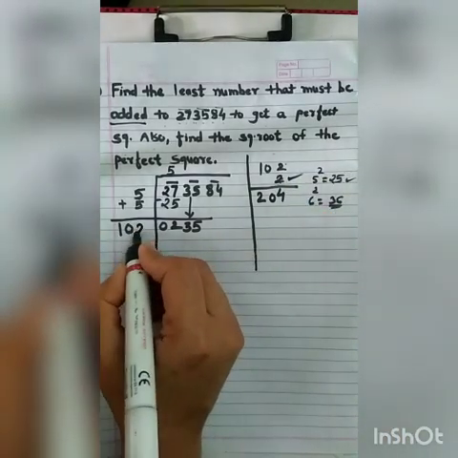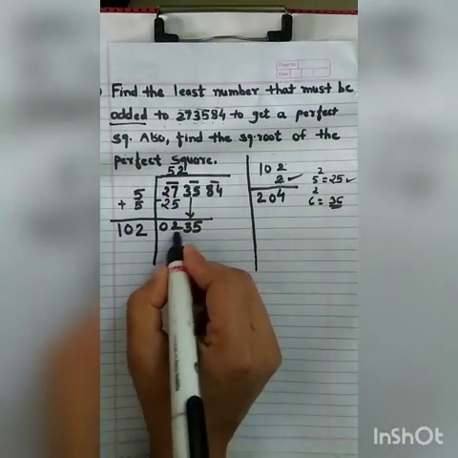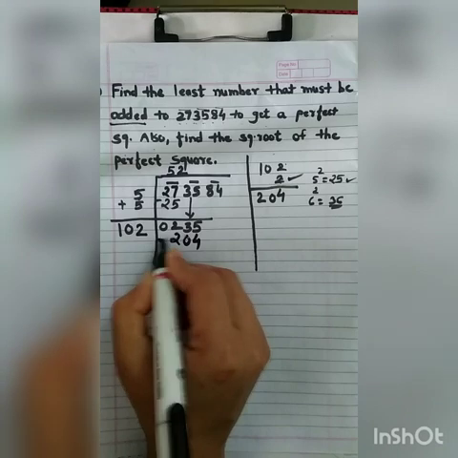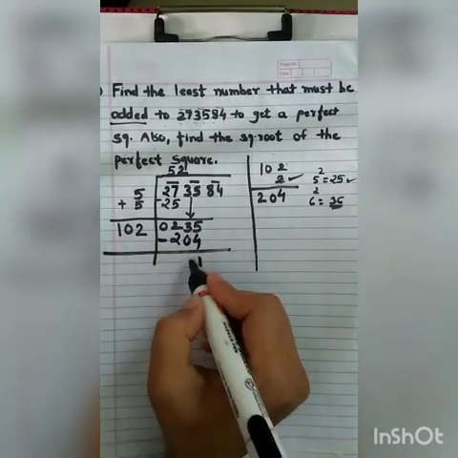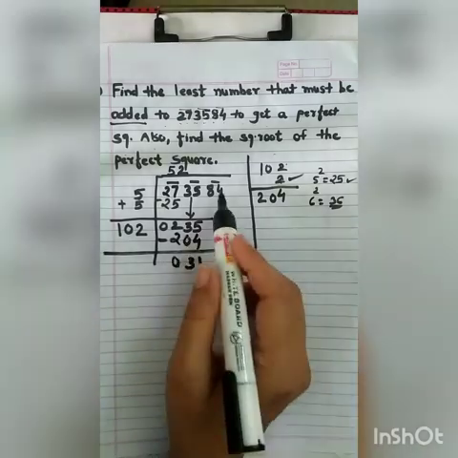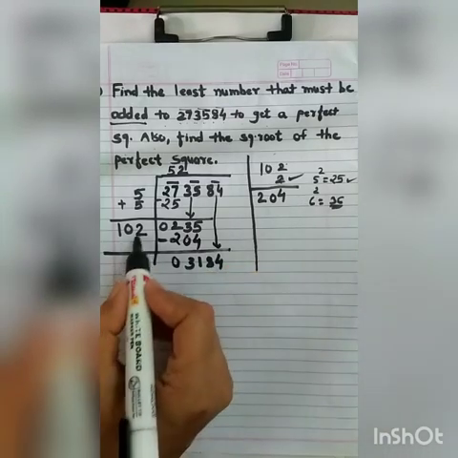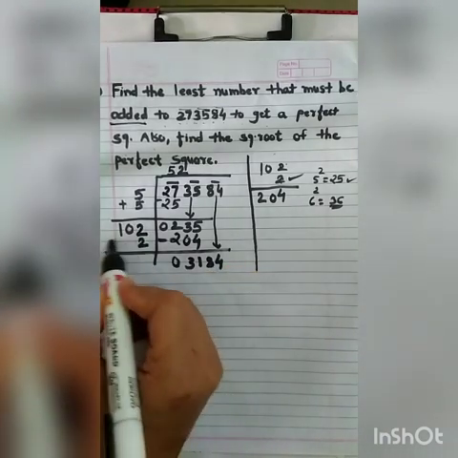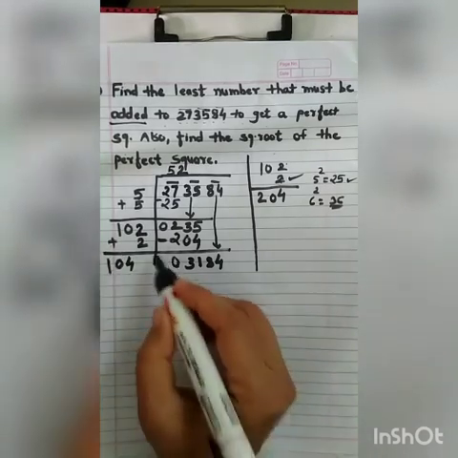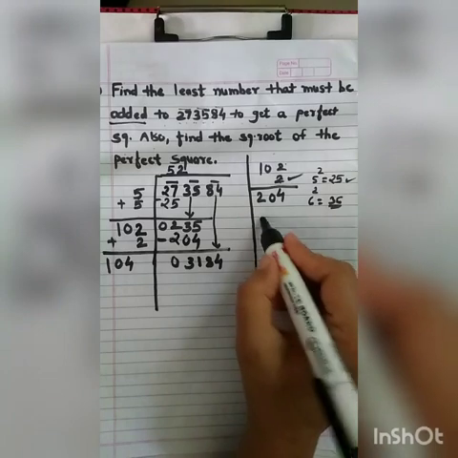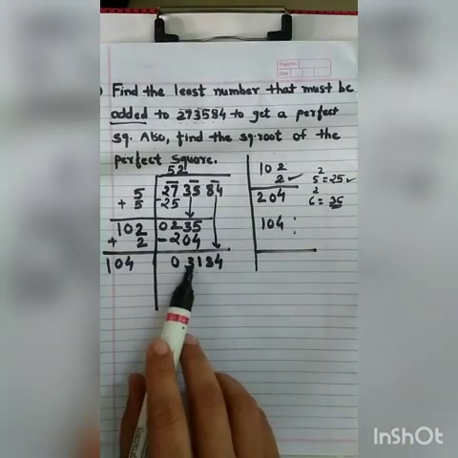So we take 2 here, 2 here also, and the number will be 102 times 2, that is 204. 235 minus 204 is 31. Now copy down this pair, 84. The unit place is 2, so add 2, and what we get here is 1,04, that is 104. Now with 1, 0 and 4 we have to multiply so that we get 3184.